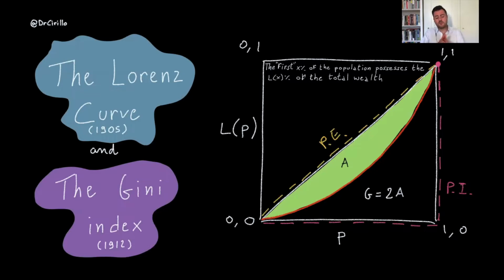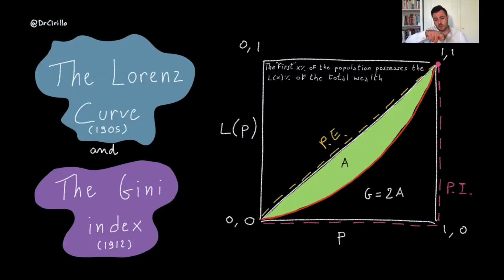So what happens? If I order my population from the poorest to the richest, I will have a long sequence of zeros because they own 0, and one guy will own everything, so 100. So in that situation, my Lorenz curve is a curve that coincides with the x-axis for all the individuals apart from the last, and for the last observation, when p is equal to 1, it jumps to 1, because only one guy owns everything.